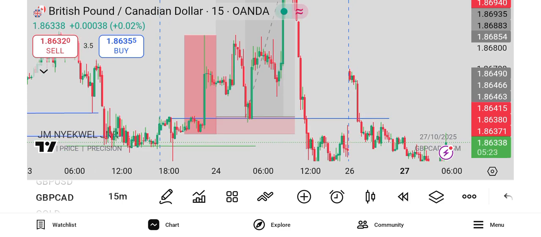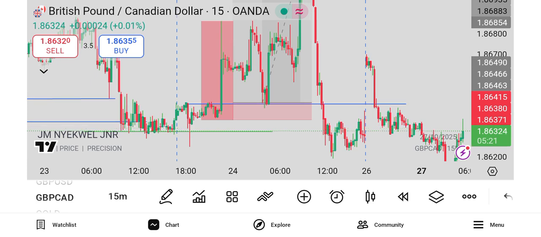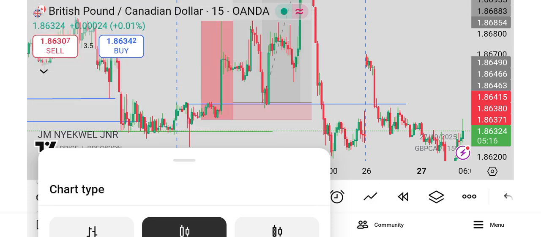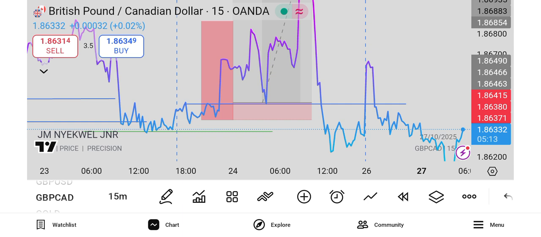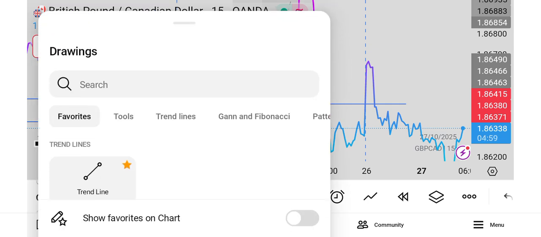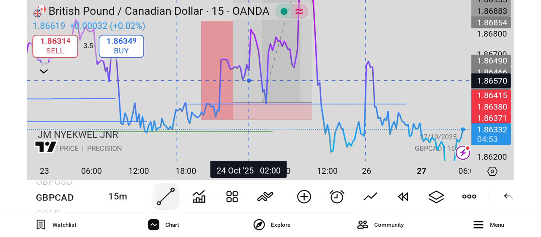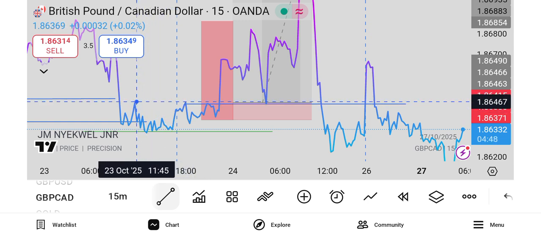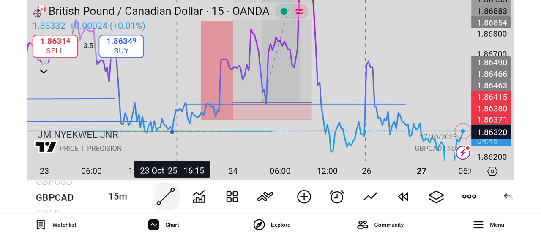What you do, you come to here, you switch to line chart. You switch to line chart in 15-minute time frame, and you look for double break of structure, which is either this, our high was here, then our low was here.